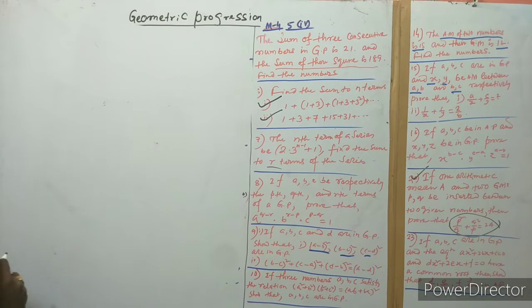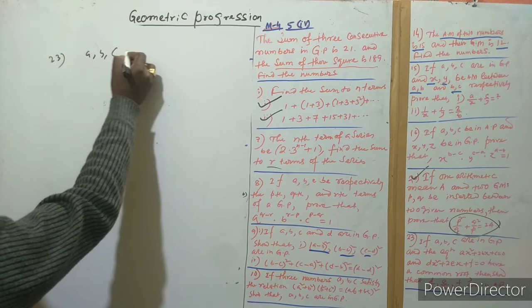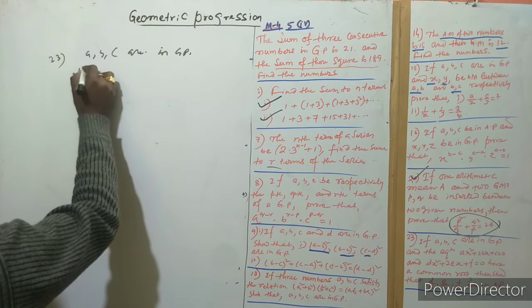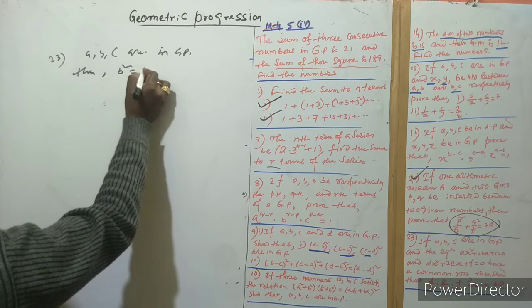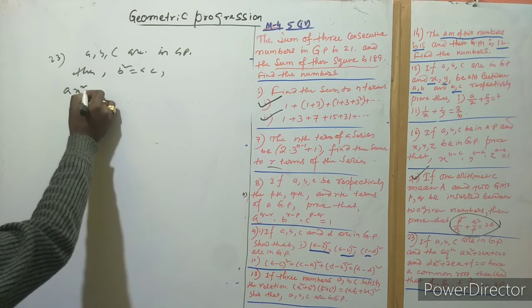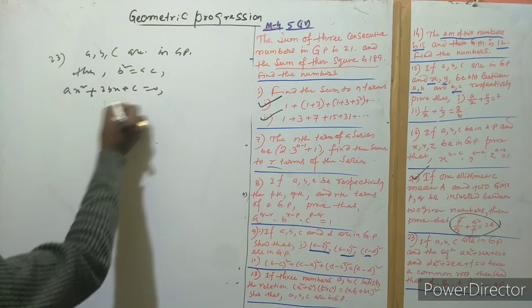A, B, C are in GP. Then we can write B square equal to AC. The first equation is ax square plus 2bx plus c equal to 0.